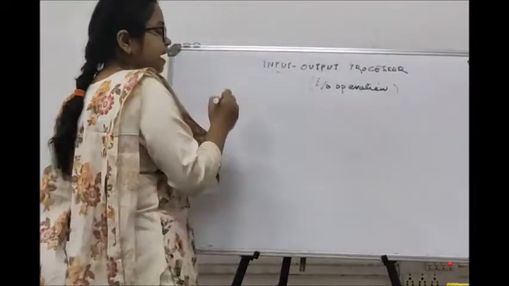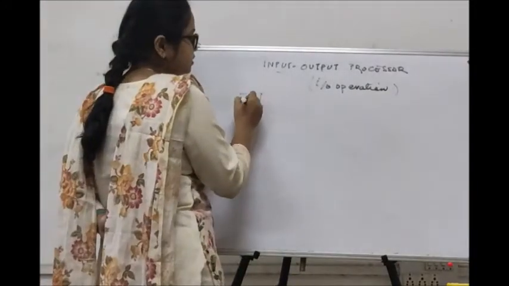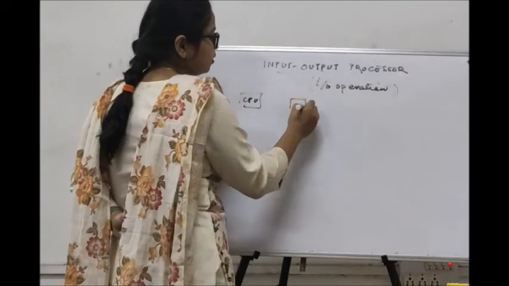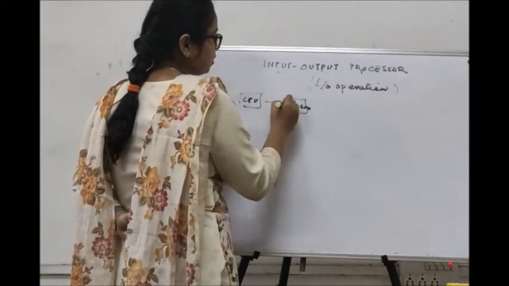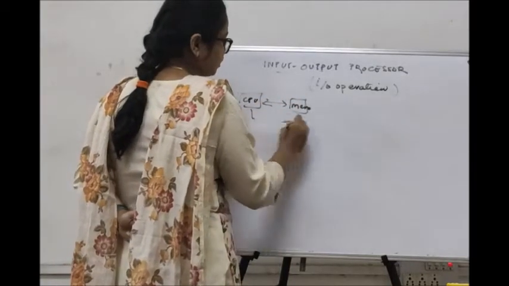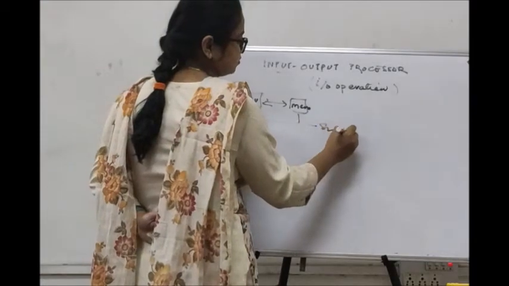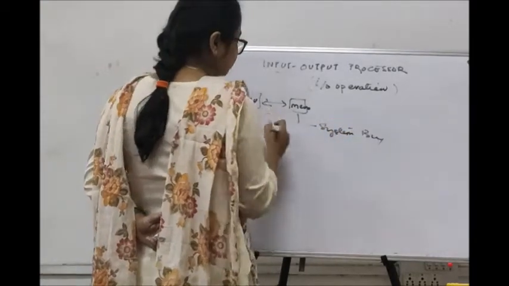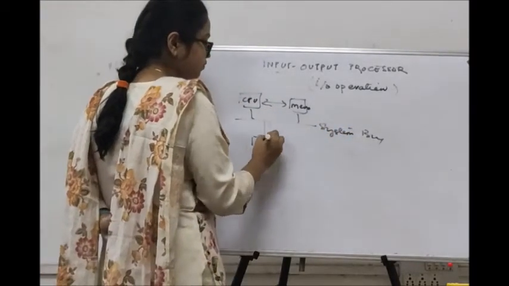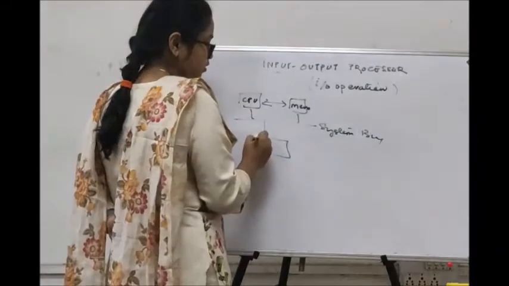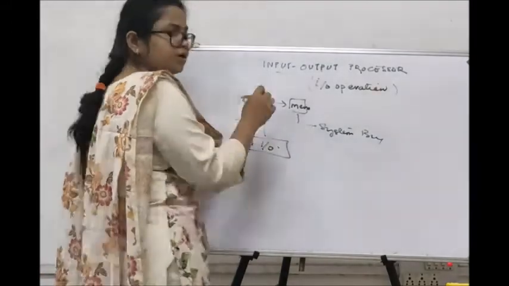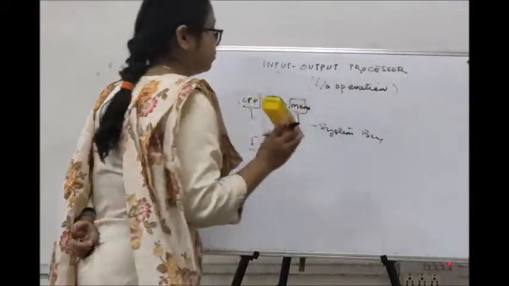So, what is the advantage if we have it? Suppose this is the CPU, this is memory. They are connected to a system bus. Now, the system bus is again connected to IO. This is roughly what we say a computer is.